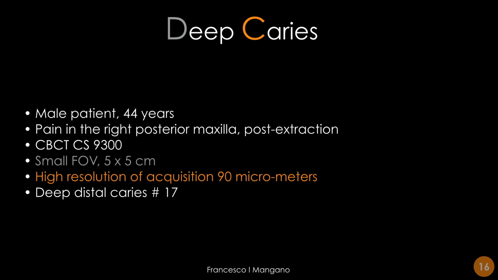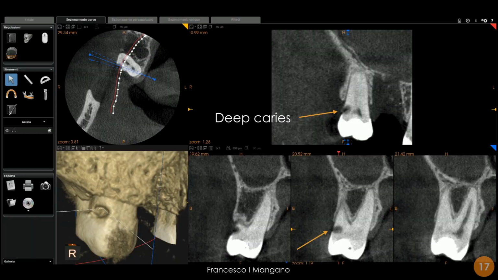It's not the purpose of cone beam computed tomography, of course, but particularly if we don't have scattering from metallic artifacts, we can also see deep caries with this kind of high resolution of acquisition, with this small field of view, with the same machine, as you can see here.